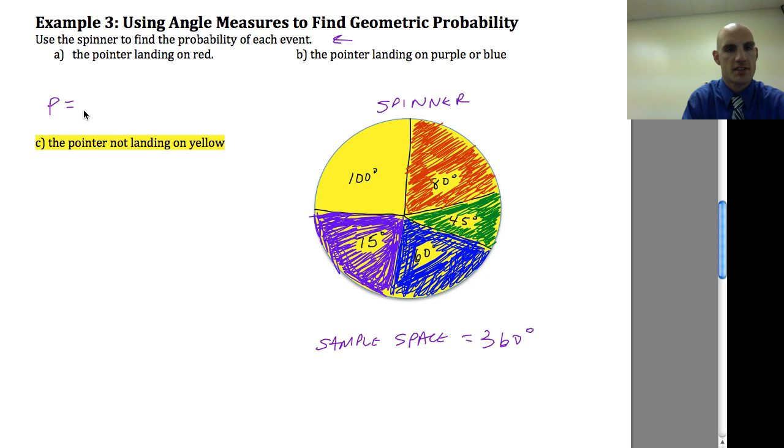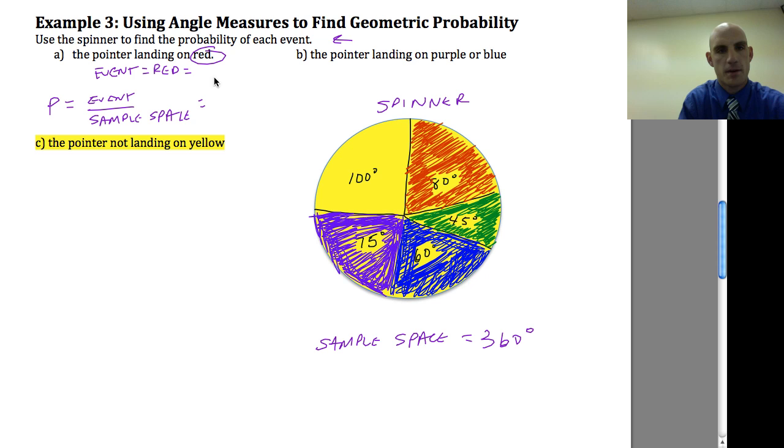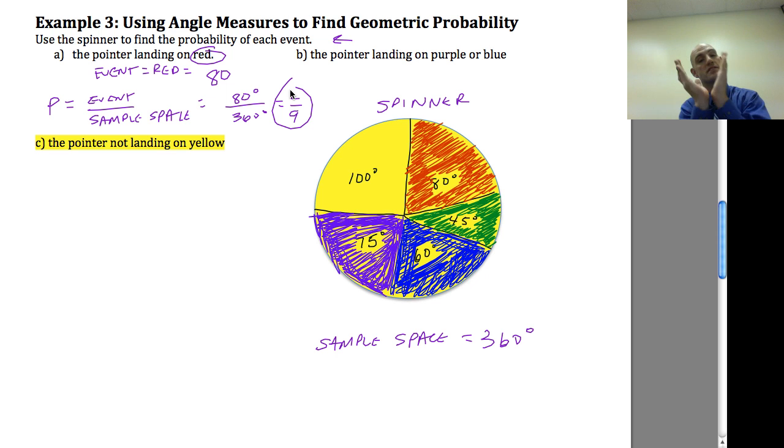So my probability is equal to event over sample space. And pointer landing on red is going to be 80 degrees. So what I do is I say 80 degrees over my sample space of 360. That gives me exactly what I want. Well, when I reduce that, I end up with 2 over 9, and that's my probability. I'm taking what I want to happen and putting it over the total number of outcomes.